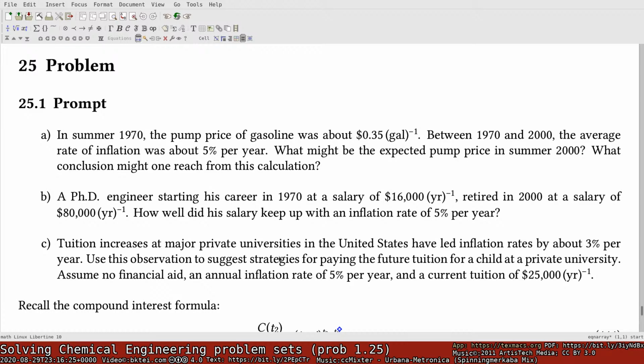So I guess we want to quantify how much tuition will be. Or I guess we could come up with a figure every year. Tuition costs will, well, they're asking for strategies. It's a pretty open-ended question.